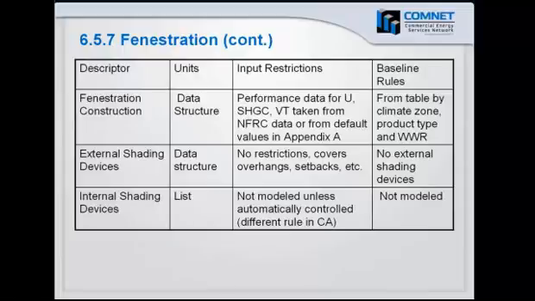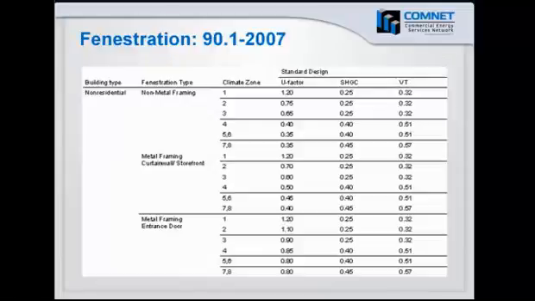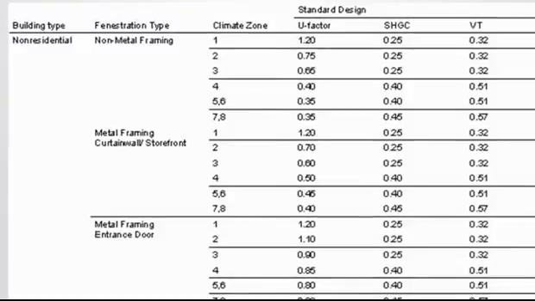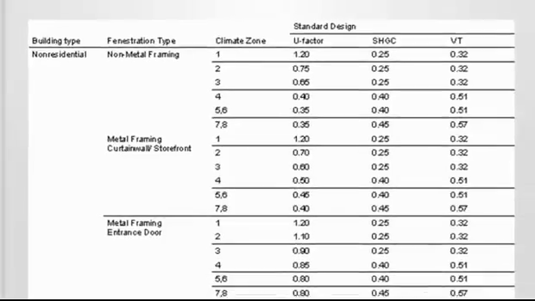For internal shading devices, this is a list data structure. We don't model these for the baseline, and then for the proposed building, for your building, you're not to model them unless they're automatically controlled. So fenestration, this is just another excerpt from one of the tables, a partial excerpt, shows the requirements for U factor, solar heat gain coefficient, and visible transmittance.